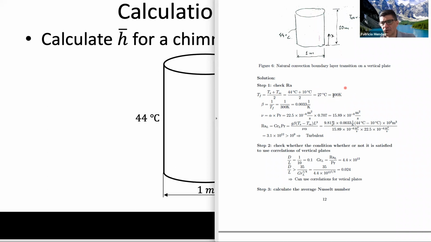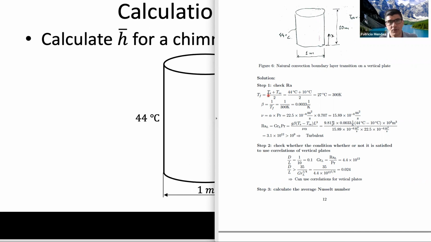Oh, how conveniently chosen. So at 300 Kelvin, the thermal expansion coefficient, the volumetric expansion coefficient, beta, is 1 over T, that is 0.0033, and I keep going, 1 over Kelvin. This is cool. In gases, beta is very easy. For the case of liquids, no. For liquids, we need to find it tabulated, for example, in the book.